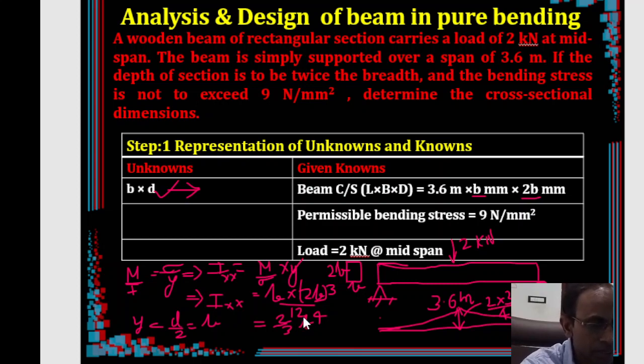First of all, one can get either b or d. It's not a matter, because if you are substituting everything in terms of b, eliminating the other quantities, you will get b first. Or if you eliminate all constants and keep only d in the equation, you will get d first. So choice is ours.